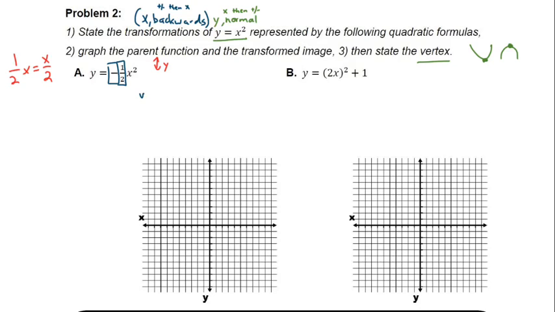So it's a vertical shrink, and you can say by 1/2, or if you say by 2, because it's by a factor of 2, that's fine as well. But it's a vertical shrink by 1/2. Your book is going to take the 1/2, not just the 2, and that's okay. Now the negative, remember when we multiply by a negative, that is a reflection.